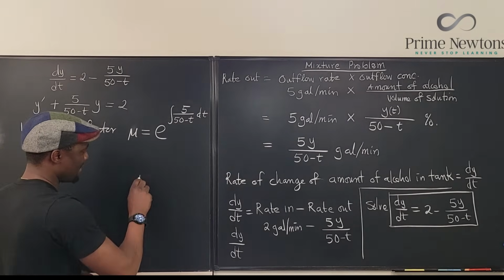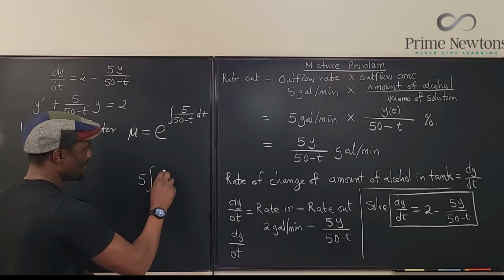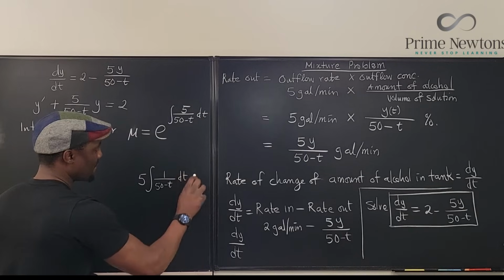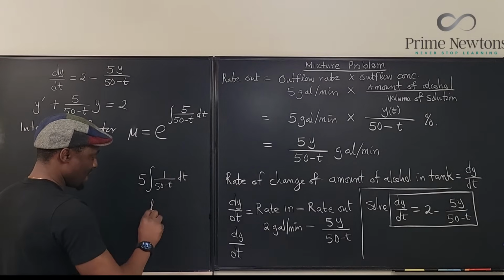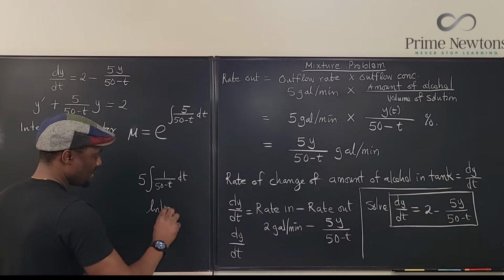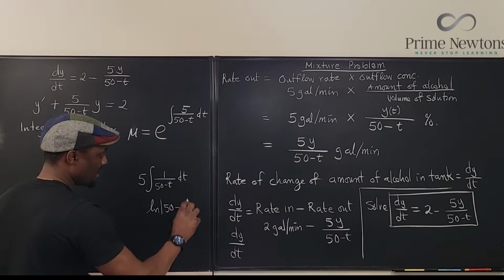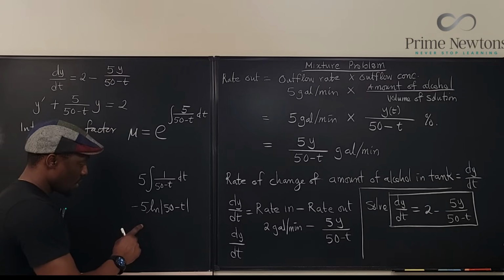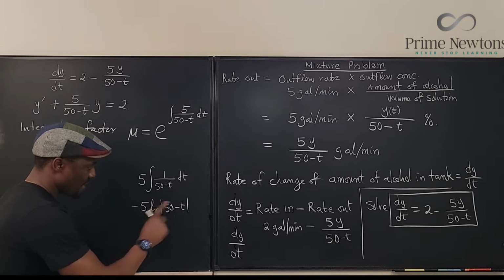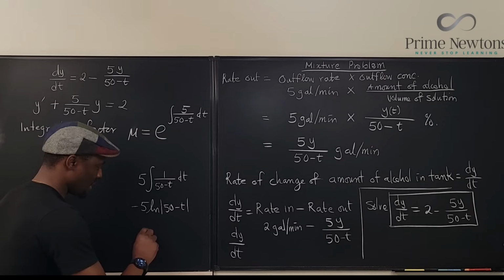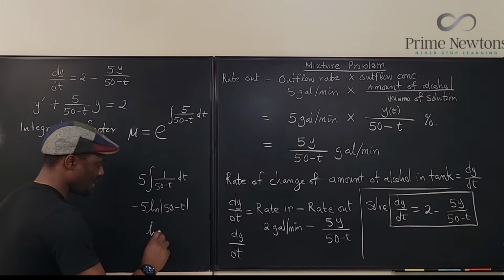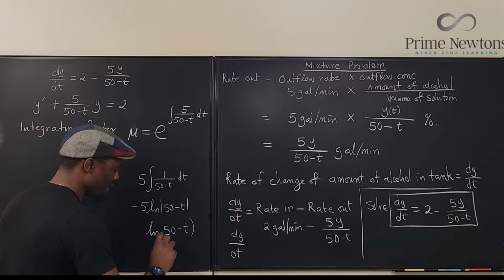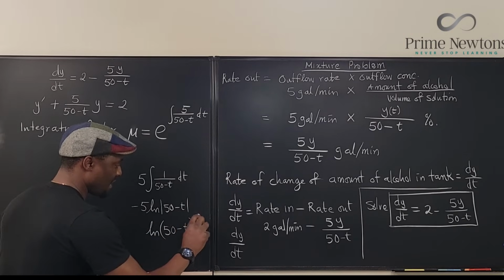Pull out the 5: 5 times the integral of 1 over 50 minus t dt. If you integrate this, it's going to be the natural log of 50 minus t, and this minus is going to come here to meet this 5. We can rewrite this by moving it up here, and it becomes the natural log of 50 minus t raised to the power negative 5.